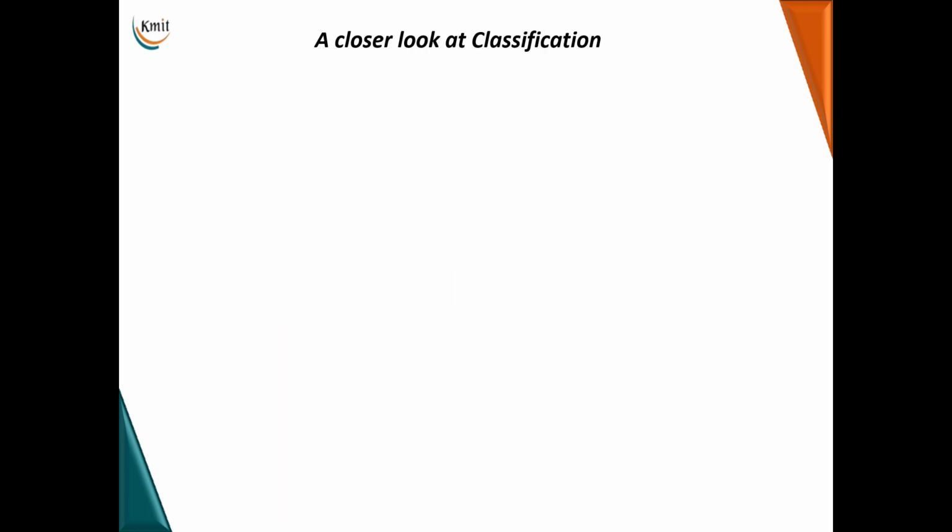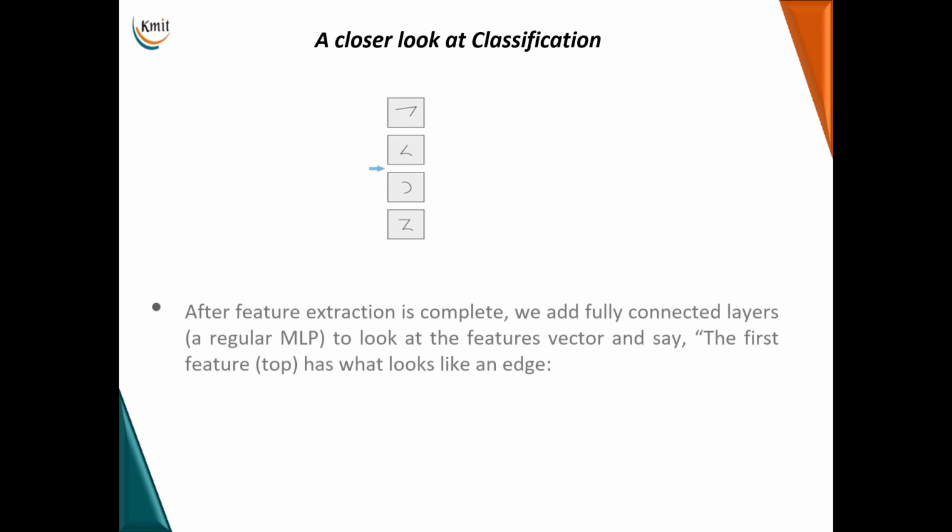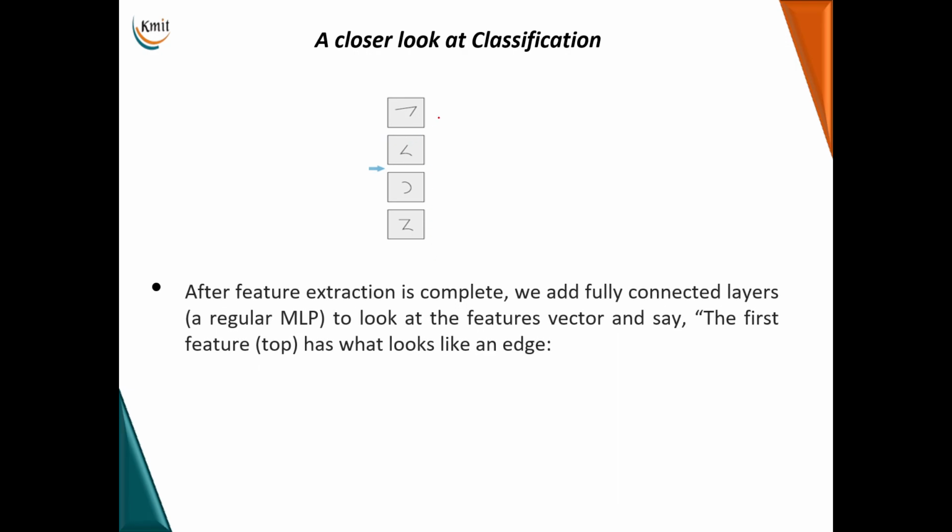When we take a closer look at the classification, let us take the same example where different smaller images were extracted. That is, the image was broken into smaller images. When we look at the first feature, it either looks like 3 or 7 or maybe 2 also. So the model is confused between 3, 7 or even 2.